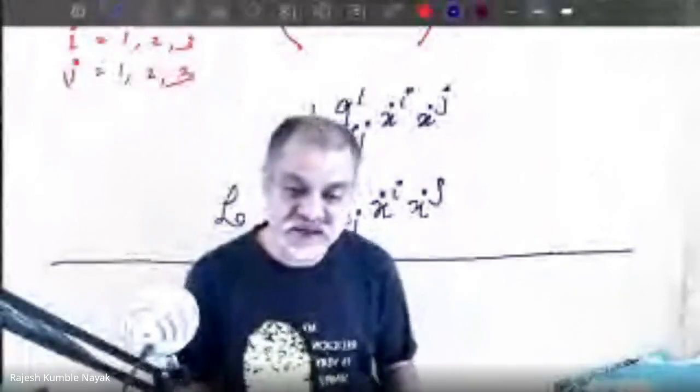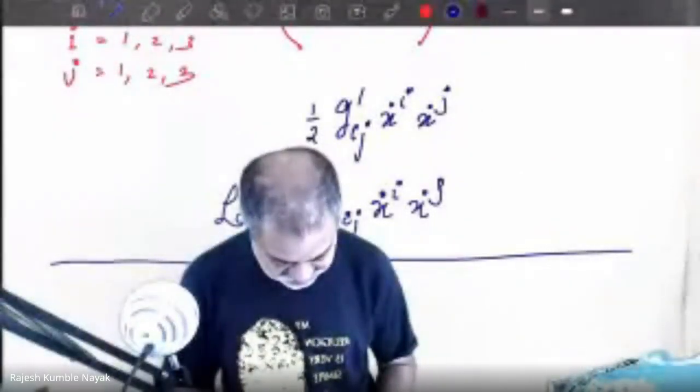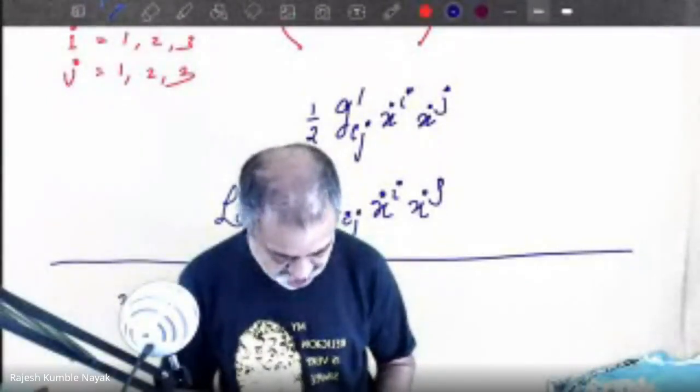To clarify it very quickly, suppose you have a transformation from your x to q. If the transformation has explicit time terms, then you would have all this problem.